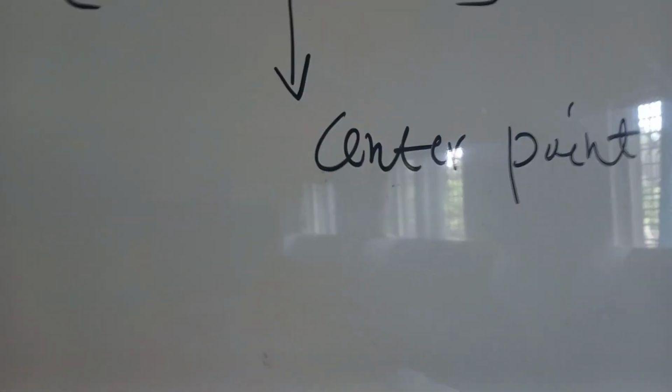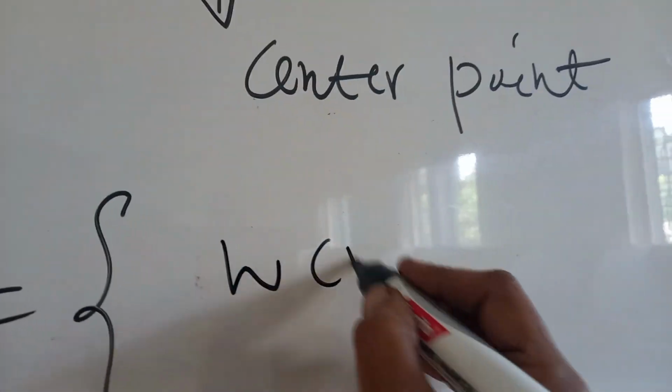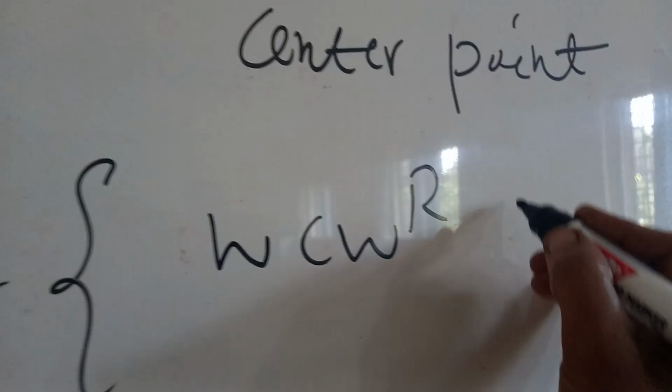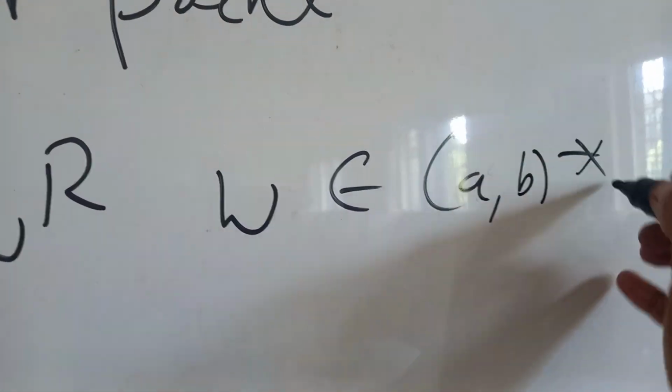So the set of strings belonging to the language L is W C W to the power of R, where W is made up of {a, b}*.